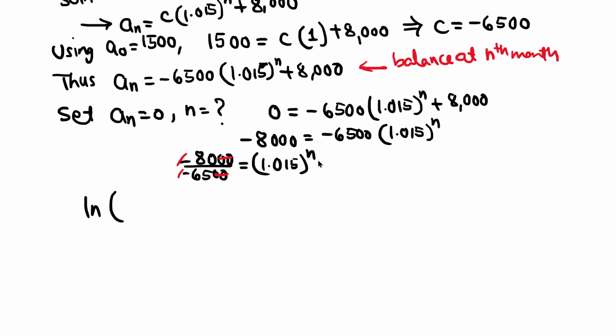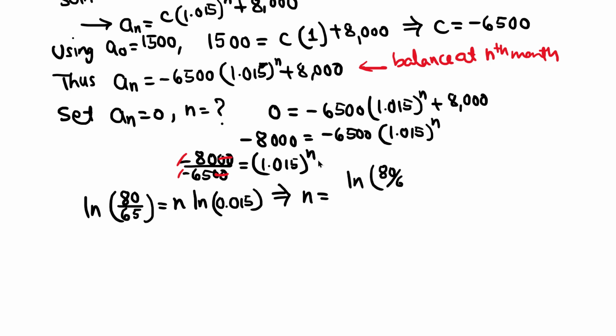So ln of 80 over 65 equals, when you take natural log, this n jumps to the front, n natural log of 1.015. Okay, now n times, so divide by this natural log, we get n. So n equals natural log of 80 over 65, everything divided by natural log of 1.015.